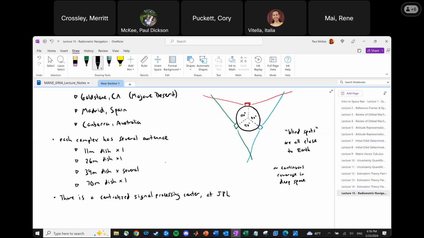What it does there is it remotely controls the antennae, specifically the 34-meter and 70-meter dishes.